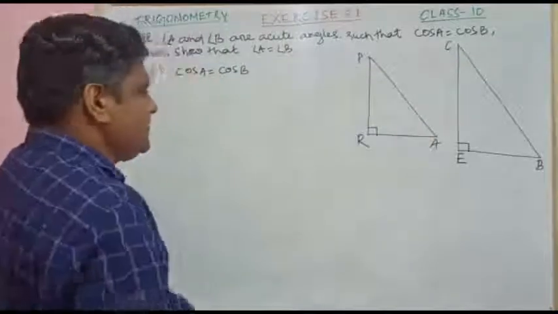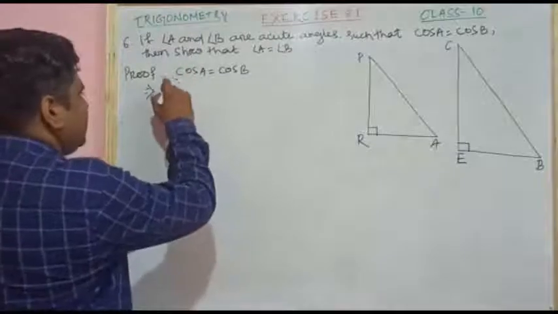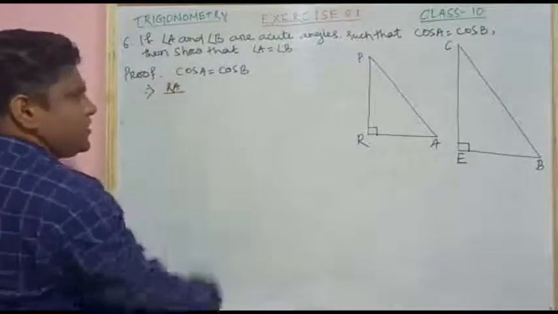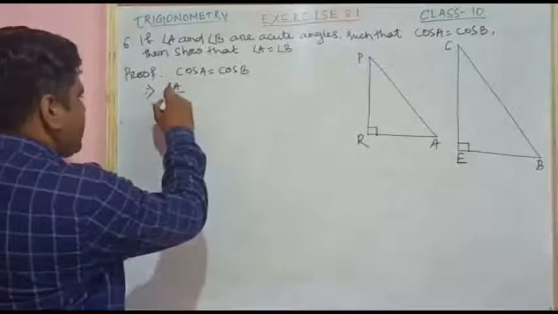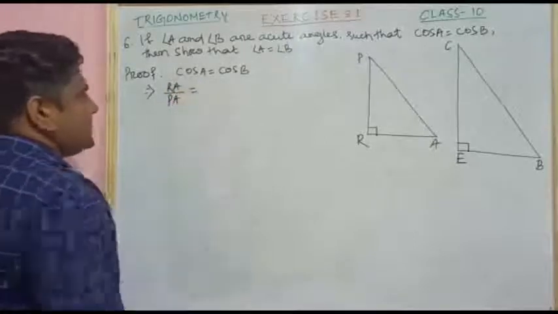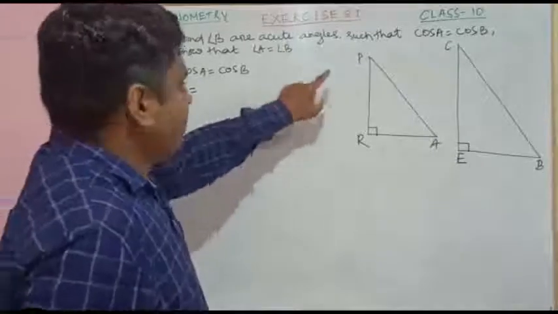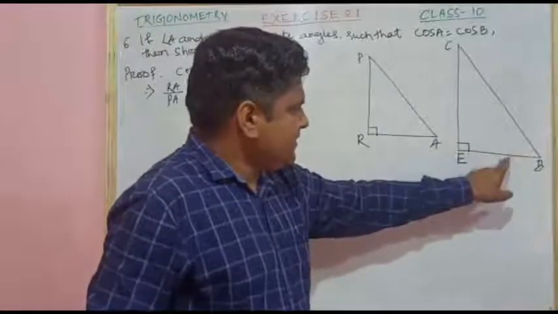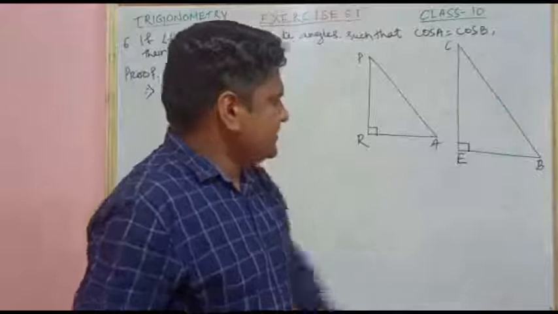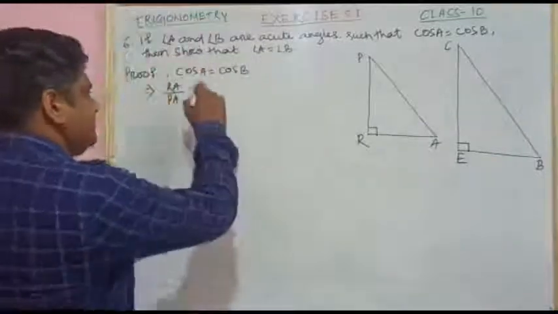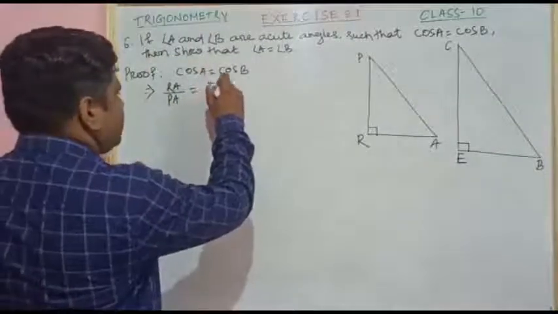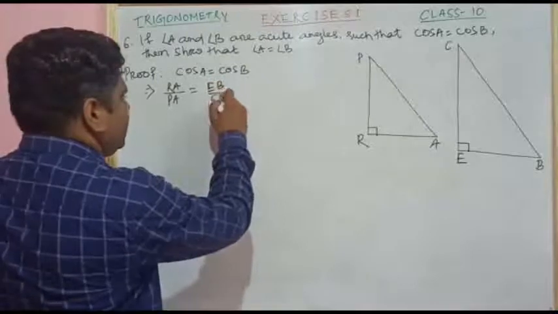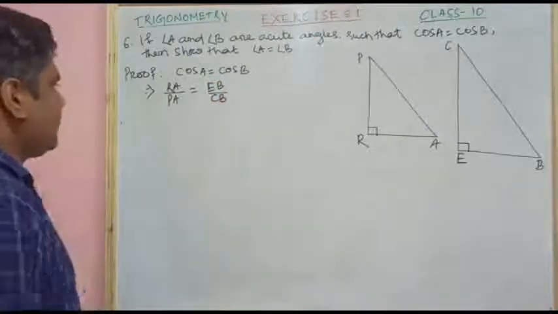So it is RA by hypotenuse PA, is equal to, in triangle CEB, cos of angle B is base by hypotenuse, it is EB by CB.